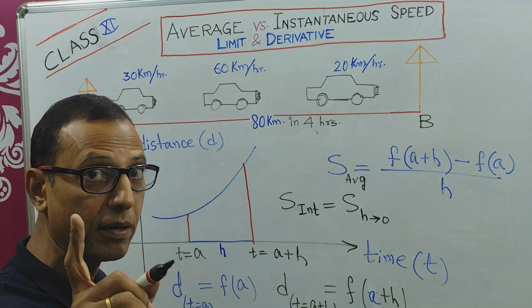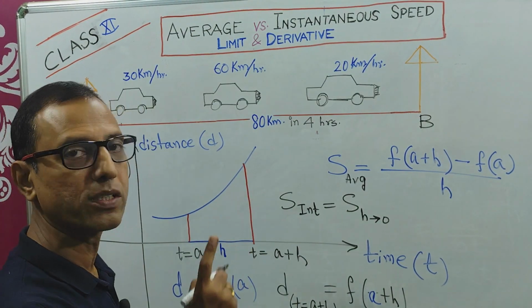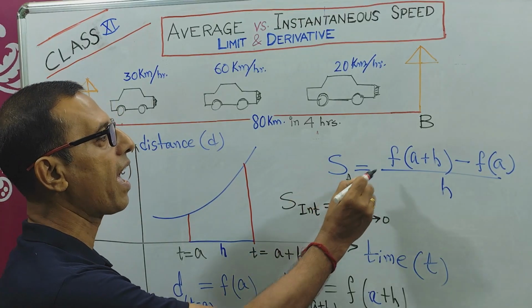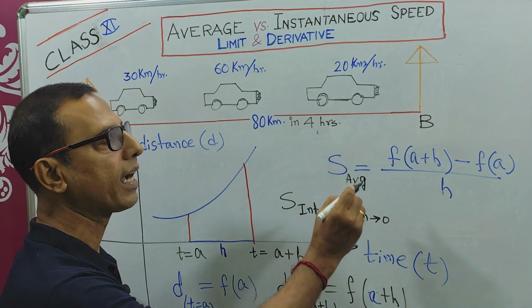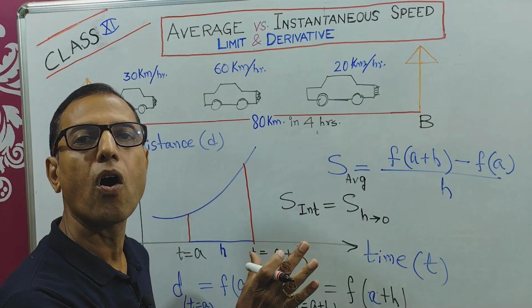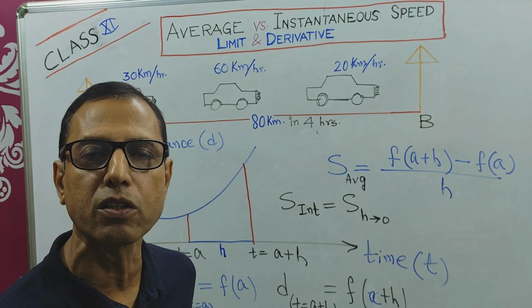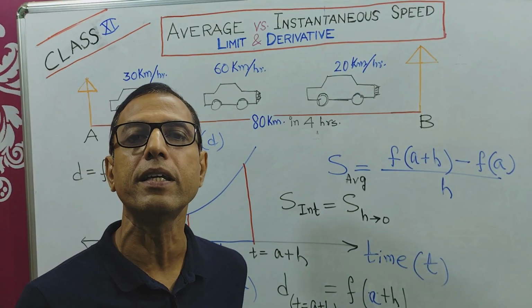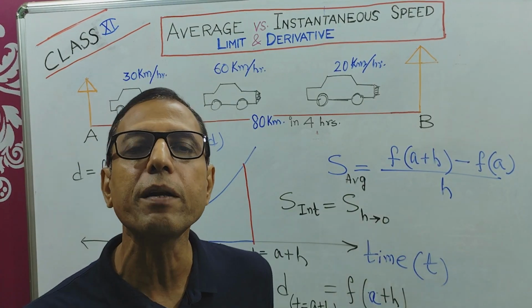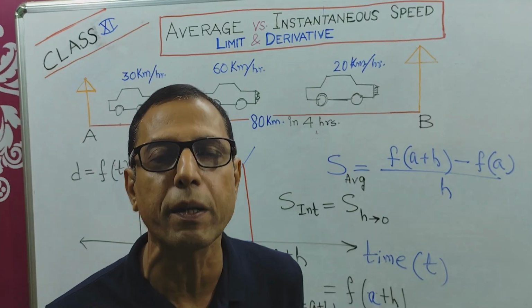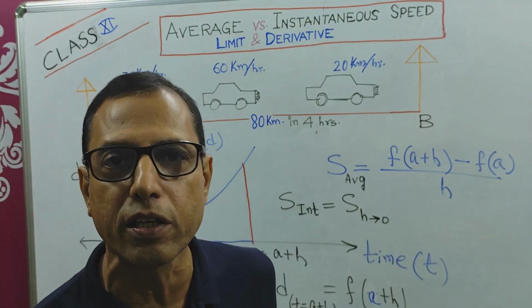First understand the concept: what is instantaneous speed? For average velocity, I am considering the slope between those 2 points. Between the points you take the average velocity, but instantaneous speed is at any given point in time, the way it is there in your speedometer.